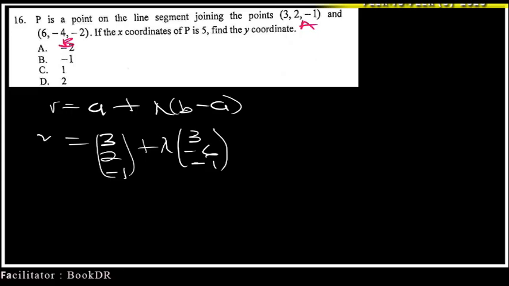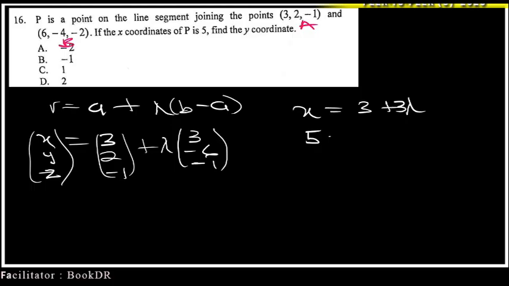Obviously r will have the components x, y, z. We know x will be equal to 3 plus lambda multiplying 3, or otherwise 3 lambda. Since P is on the line, it must satisfy the vector equation of the line.